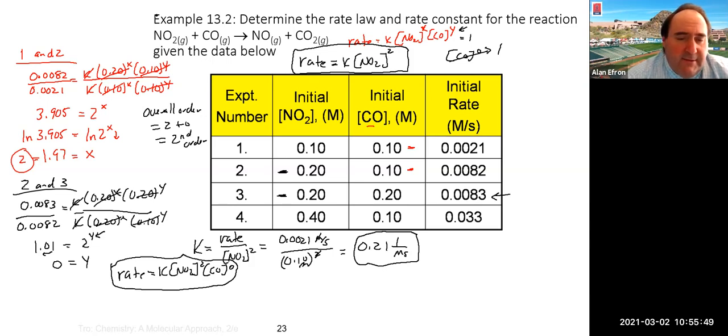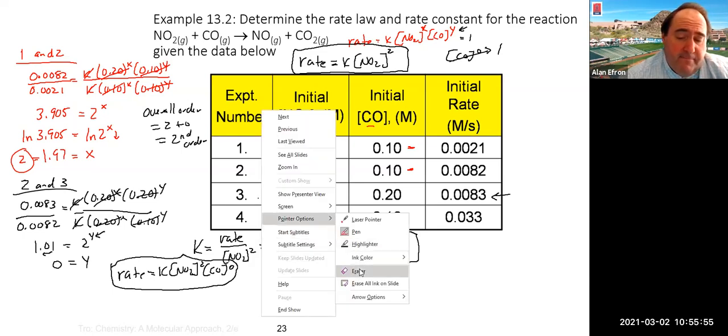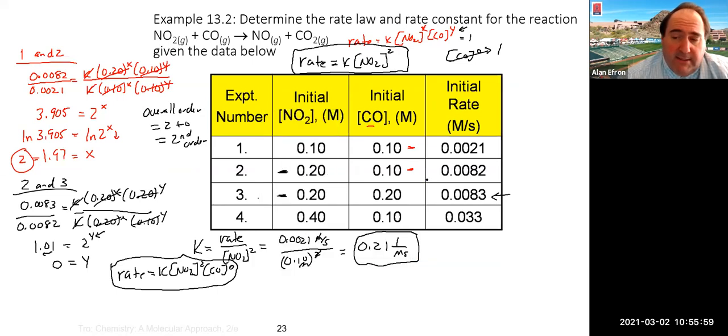Okay, so just again to demonstrate what those orders mean in relationship to what's going on in the reaction and the rate of the reaction. Let's again, just to keep the numbers simple, let's say we had a rate of 1, whatever the units there is, 1 over molar second squared.